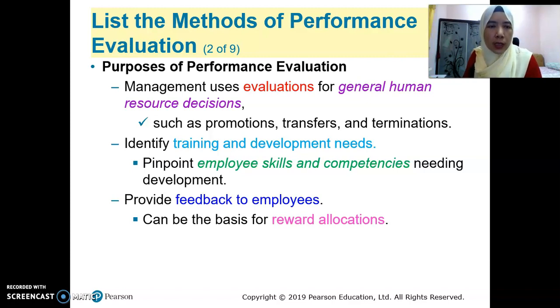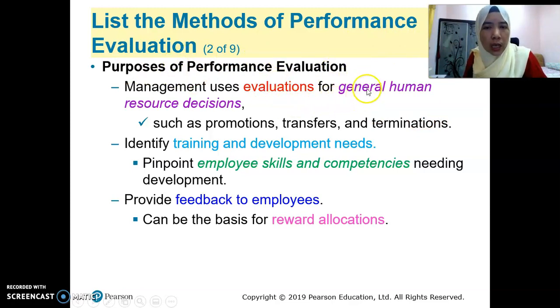Managers usually use evaluations for general human resource decisions such as promotions, transfers, and terminations. Terminations mean firing or terminating employees. Any decision to increase the salary, to promote employees into higher positions, or to transfer employees from one department to another or from one branch to another is based on the performance evaluations.